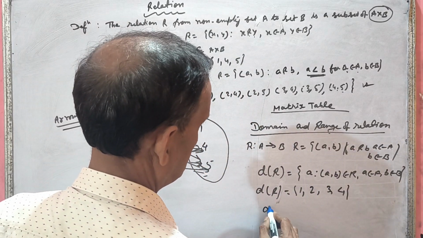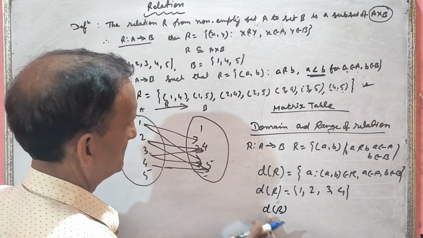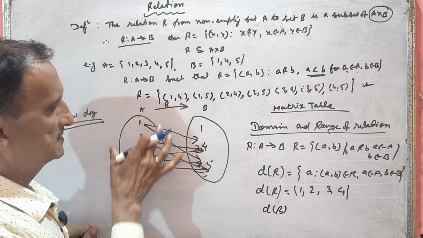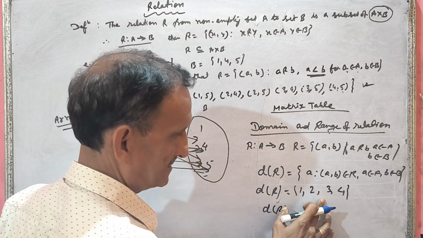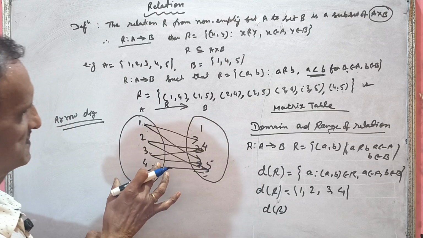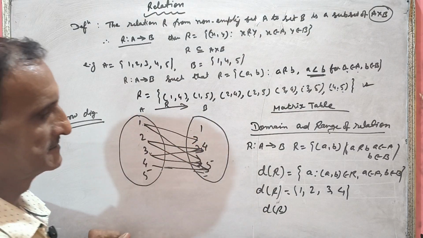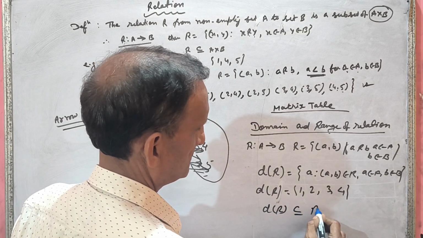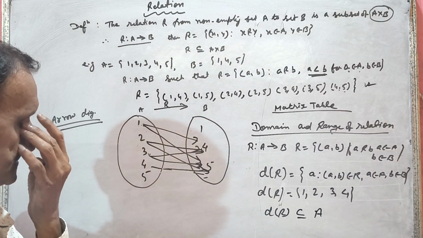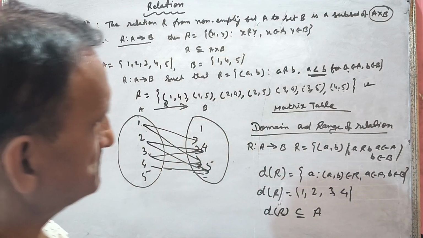Can you say something about D(R)? See, the domain will be from the first set only. The domain is a set with the elements of the first set only, but only those elements which took part in the relation. So what you can say? Domain of R is a subset of the first set A. Understood? This is called the domain of R.